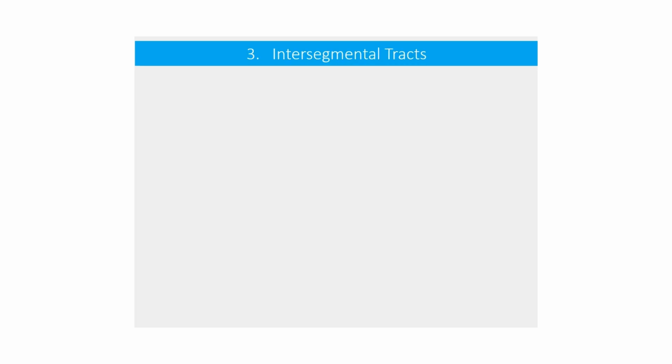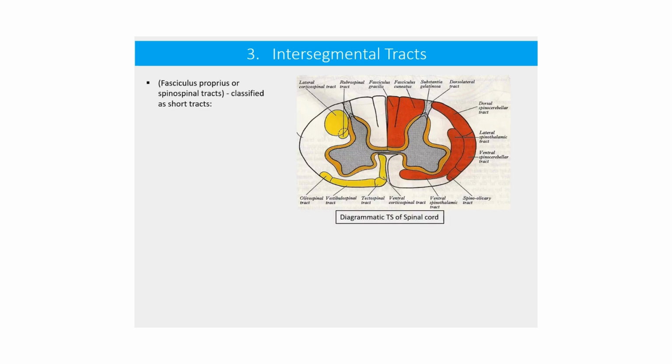Third group of tracts in the spinal cord are the intersegmental tracts. They are also named as fasciculus proprius and spinospinal tracts. They are classified as short tracts.